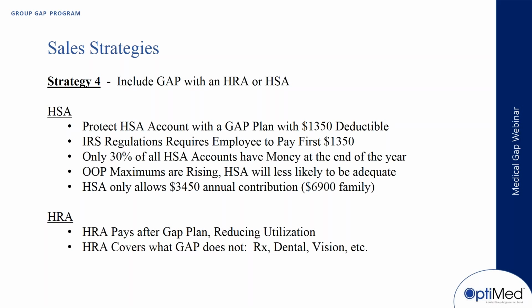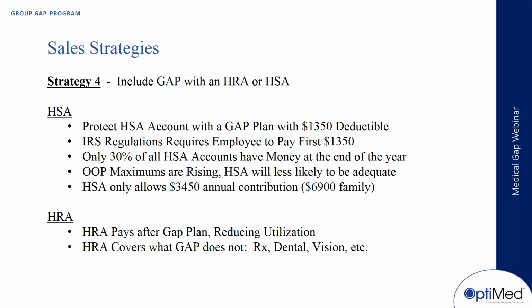But since the employees can only put a certain amount of money in per year, what happens if I have a $73.50 out-of-pocket HSA plan, but I'm only allowed to put $34.50 into the actual health savings account itself? What happens if I get hit with an inpatient hospital stay and I get hit with a $7,000 bill? Well, now you're going to have to pay that money out of pocket on an after-tax basis.